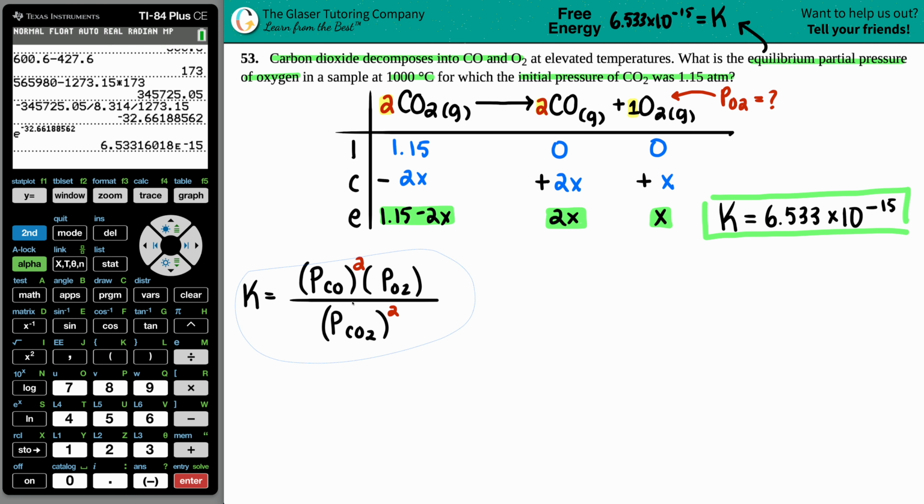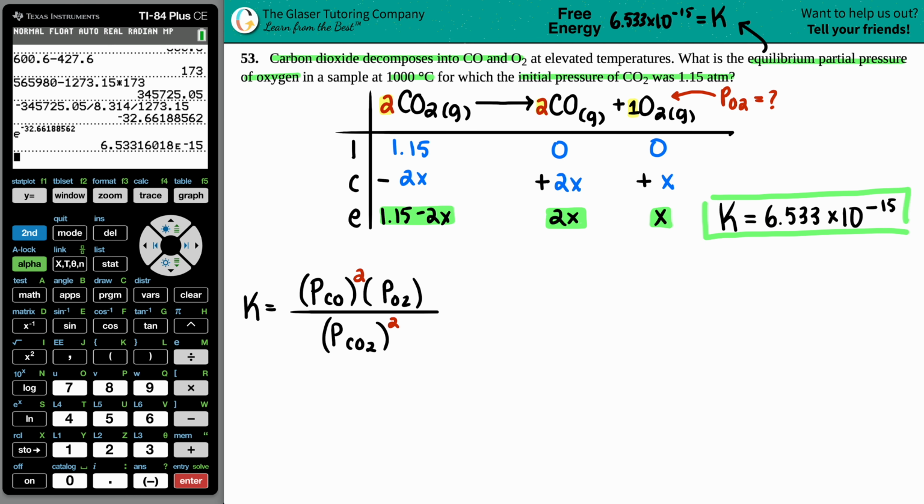And maybe what I'll do is I'll just bring this down a little bit, because the K value is going to be 6.533 times 10 to the negative 15th. The pressure of the carbon monoxide at equilibrium is 2x, O2 is x, and the partial pressure of CO2 is 1.15 minus 2x.